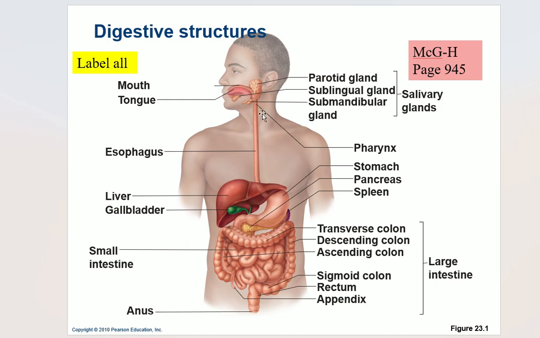Remember, there are three parts to the pharynx, but over here you can only see the laryngopharynx. Anyway, all you'll need to know is where the pharynx is located here. Let's see. We have the stomach, the pancreas, the spleen tucked into the left side over here.